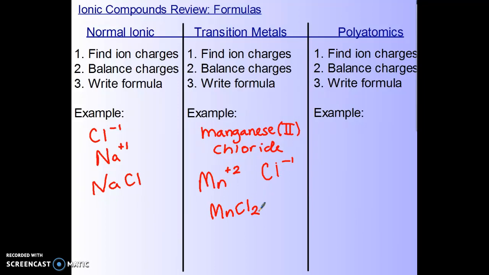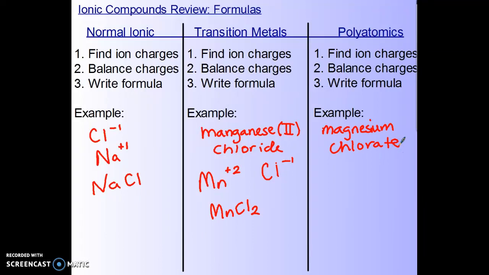Finally, we get to polyatomics. So the ion charges for polyatomics you would look up on the back of your periodic table. So let's say I told you to write the formula for magnesium chlorate.